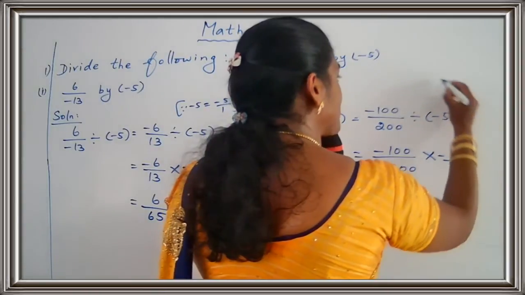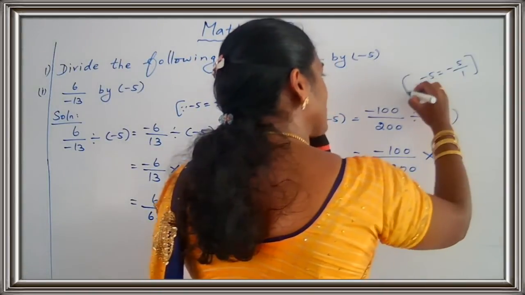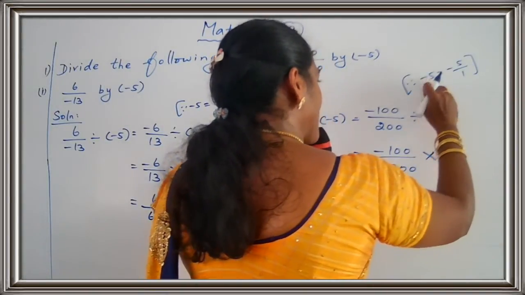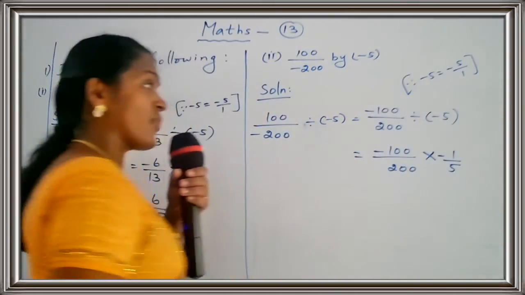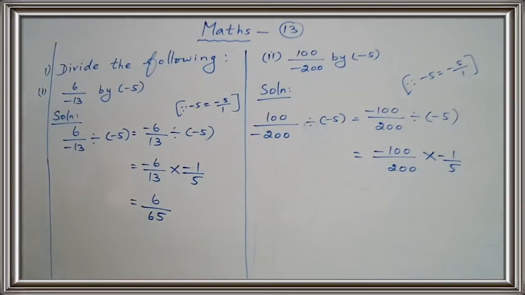Next step: minus 100 upon 200, here is division. Now you convert it into multiplication, so at that time you put the reciprocal. What is the reciprocal of minus 5? Minus 5 means minus 5 upon 1.